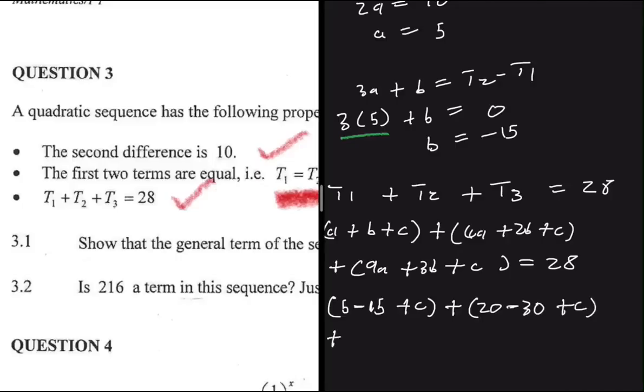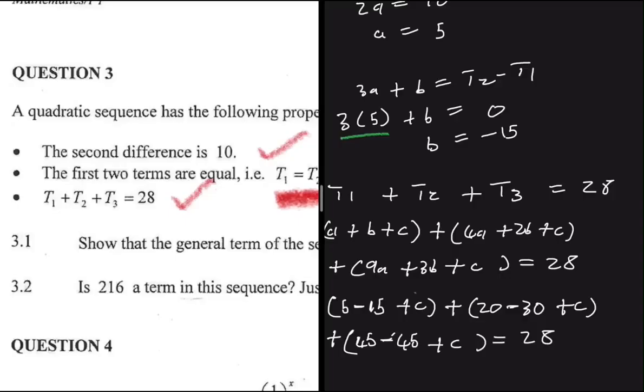And then plus, now we are at t3, 9 multiplied by a, which is 5, so we get 45, and then plus 3 multiplied by b, that is 3 multiplied by minus 15, which is minus 45, and then plus c is equal to 28.